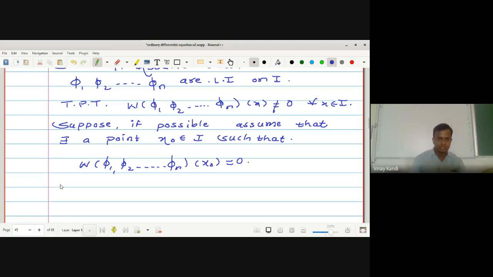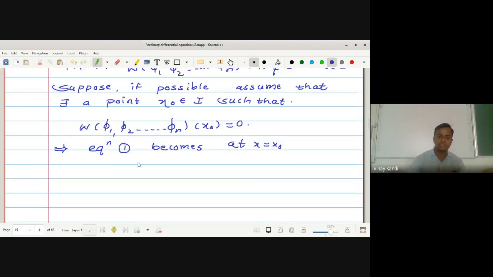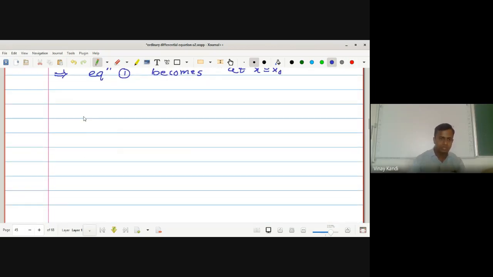So it implies equation 1 becomes, at x is equal to x naught, equation 1 becomes, what we get, equation 1, a system of equations in the matrix form.